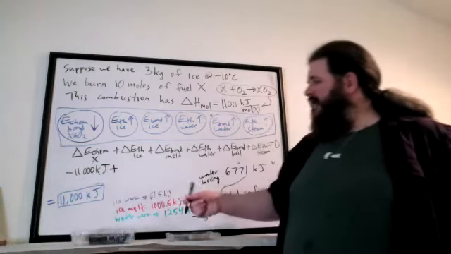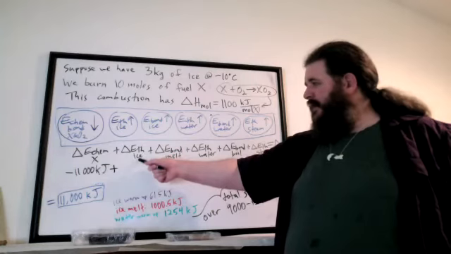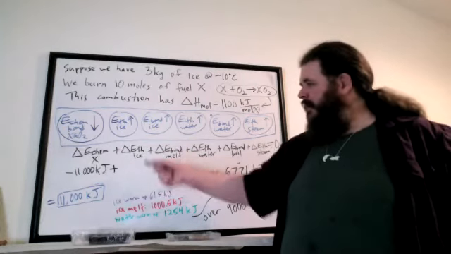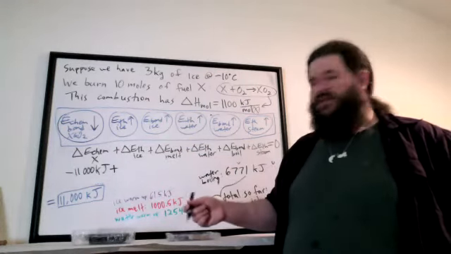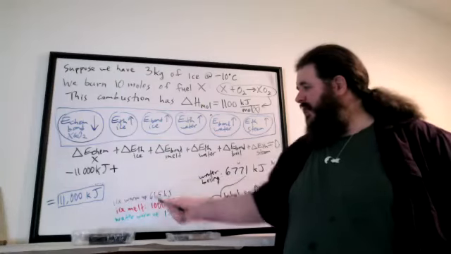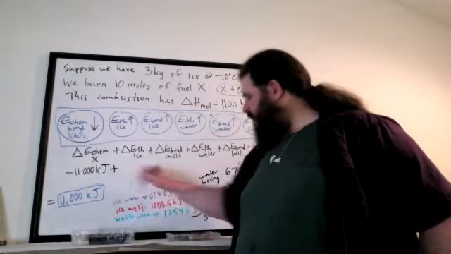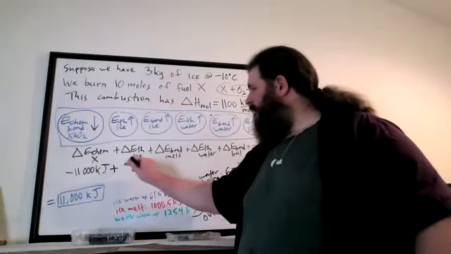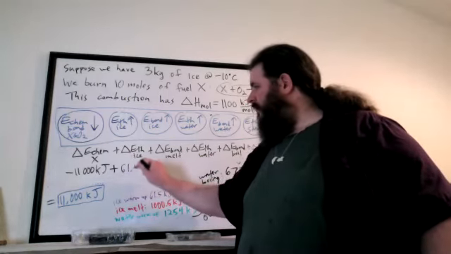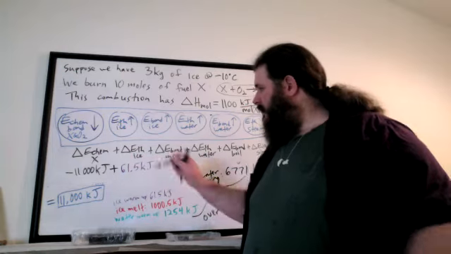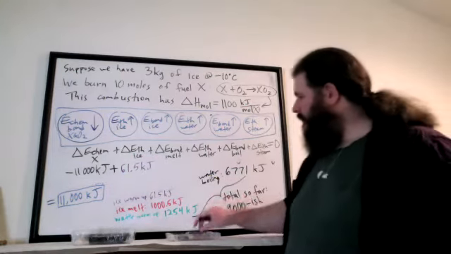And likewise, we don't really even need to fill in formulas for the ice melting, the ice warming up. We already found out from previous calculations that warming up the ice takes exactly 61.5 kilojoules. So we can just fill in those values we already have. 61.5 kilojoules for the ice warming up.